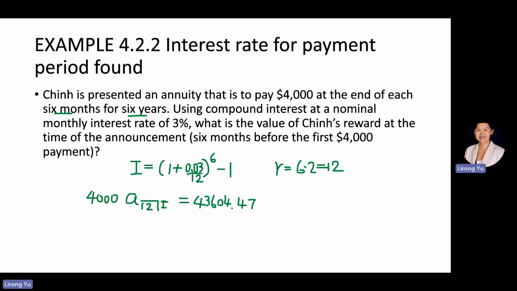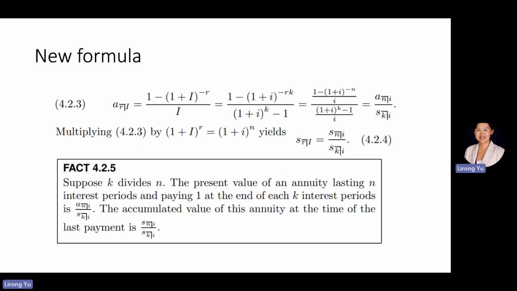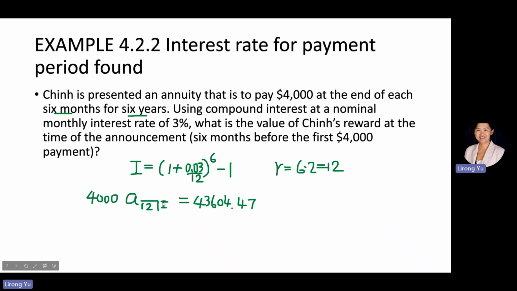So this one is our first example. We're trying to use this to derive the formula. And that is the A_R|i. And here we have the A_12|i, and that's the one we try to derive a way to calculate. This calculation is done with a formula for A_12|i, and that is 1 minus the discount rate to the power 12, over i.